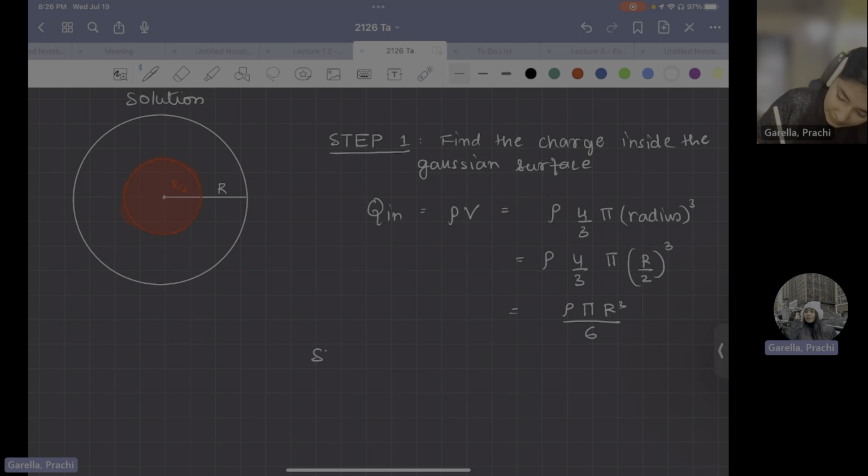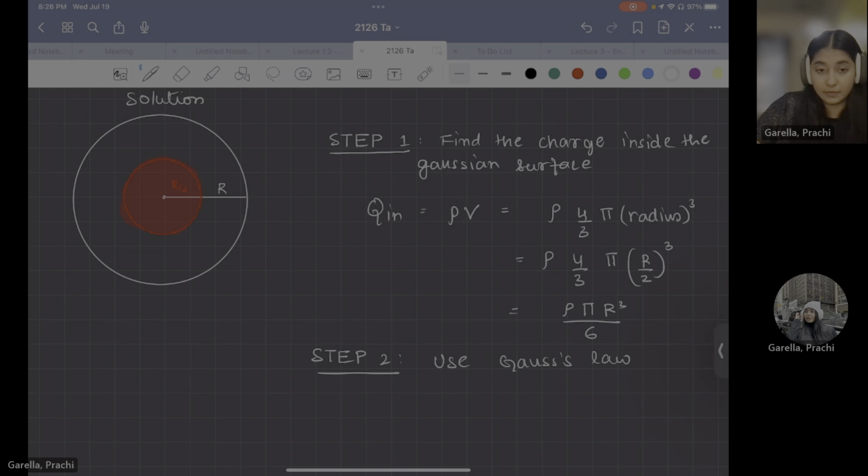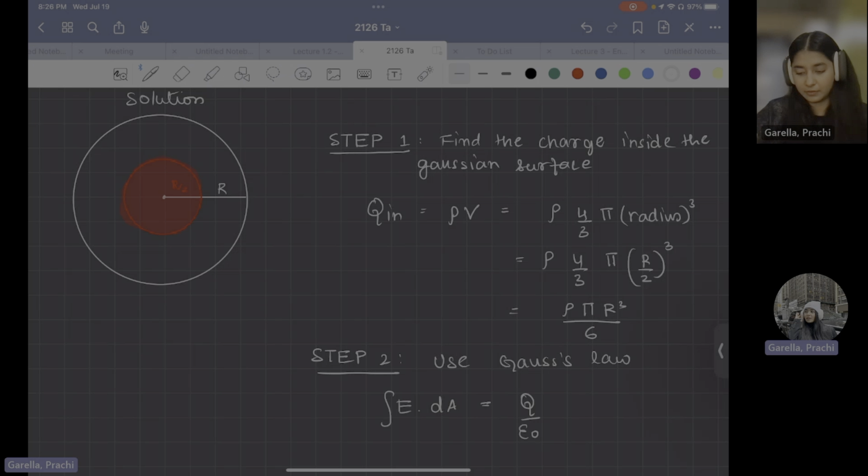And now step number 2 is we need to use Gauss's law, which is E dot dA equals Q over epsilon naught.